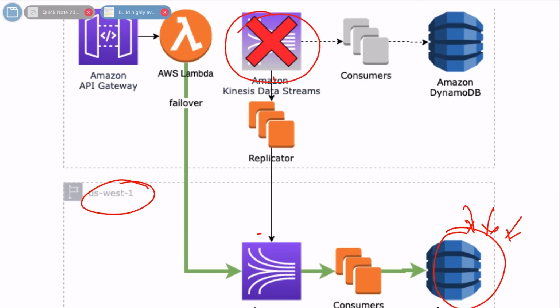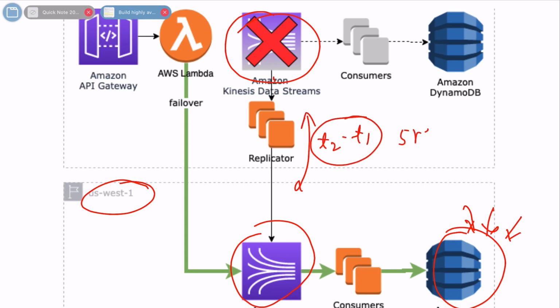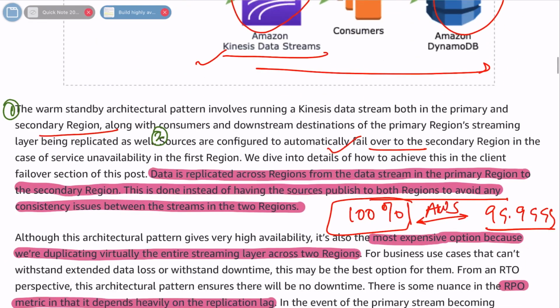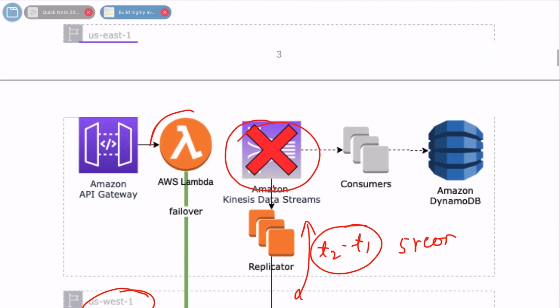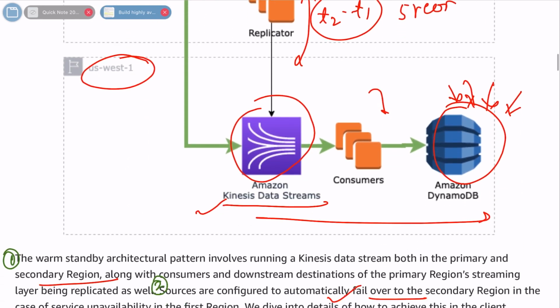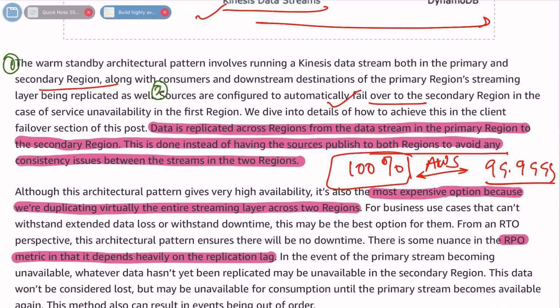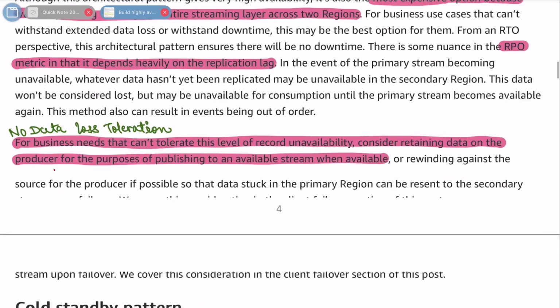It was not replicated to this Kinesis stream. So in a certain time, like T2 minus T1, there was some data, let's say 5 records, which were not published, and you might have those records missing here. So the suggestion is you retain those records on the producer unless you get an acknowledgement, right? This again depends on the requirement. If we have such requirements, you can republish the data from the producer so that it can be used further.